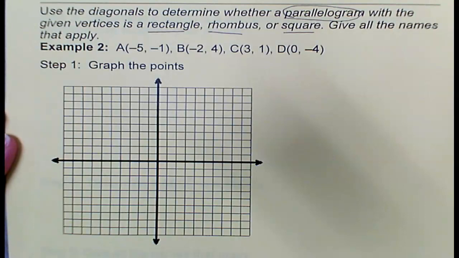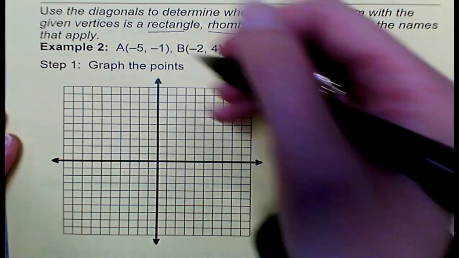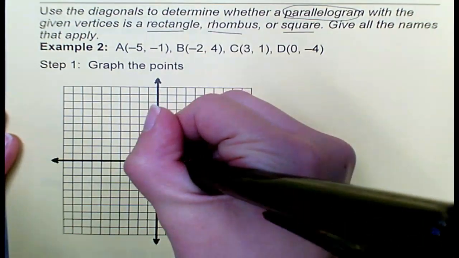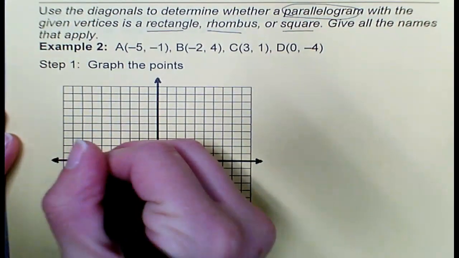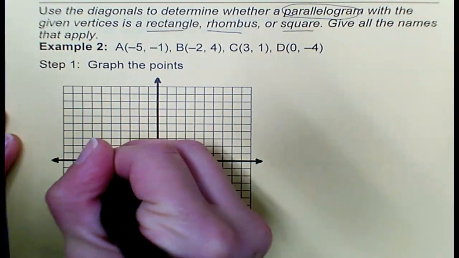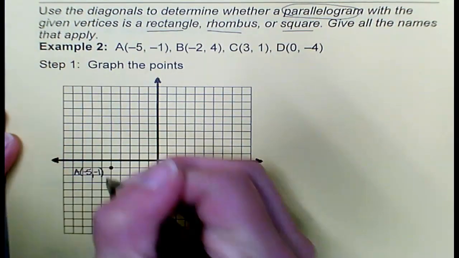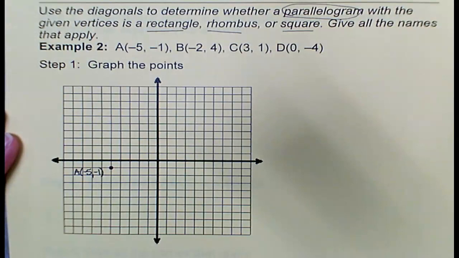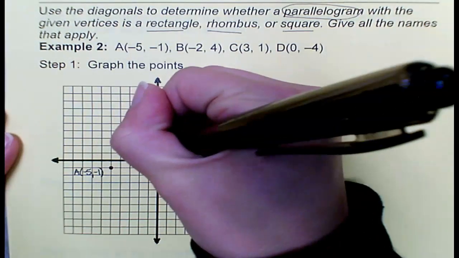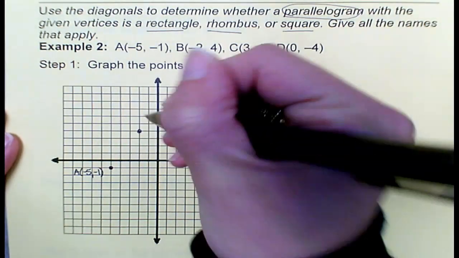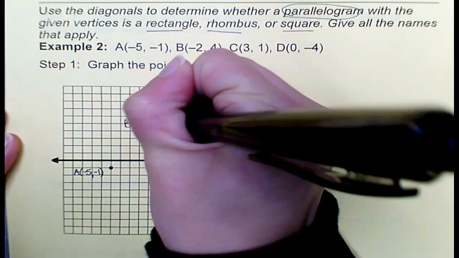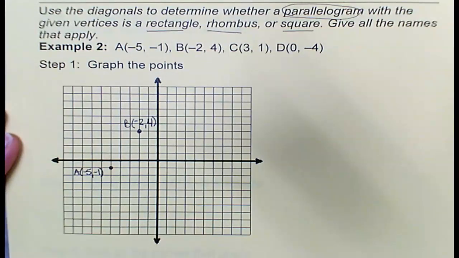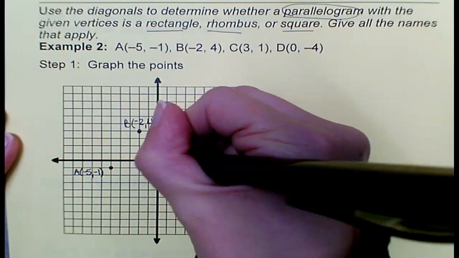So I'm going to graph the points. -5, -1. That's point A. And B is at -2, 4. C is at 3, 1.